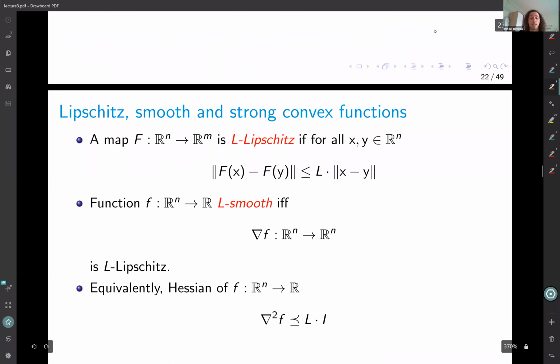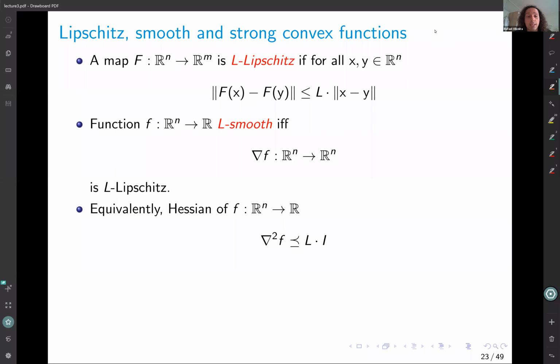Equivalently, a function is L smooth if and only if the Hessian, which is a symmetric matrix, is upper bounded in the semi-definite order by L times the identity.